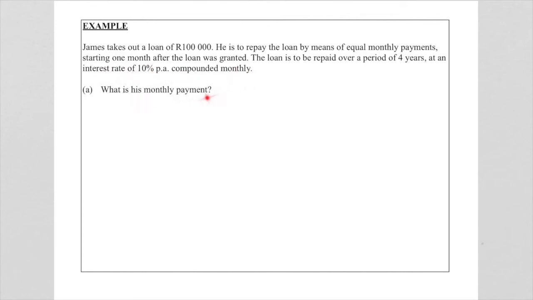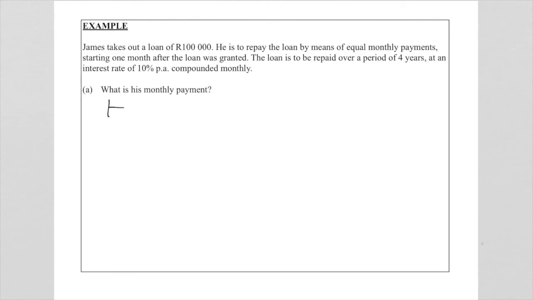What is his monthly payment? Now, you will agree with me that there is nothing strange about this question. We are just working with a normal present value annuity, and we want to see what his monthly payment will be.